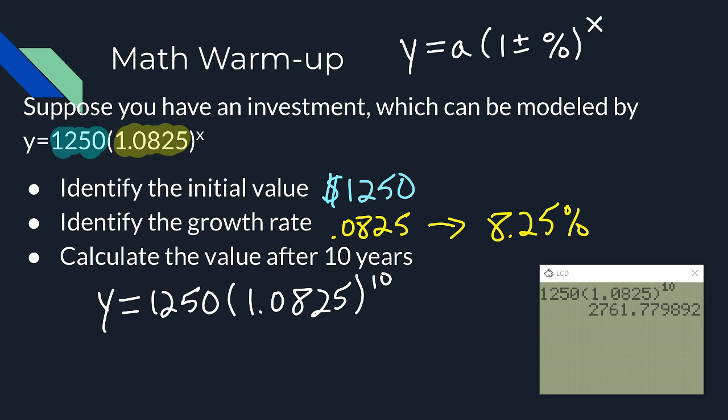And so it's $2,761.78. So this is approximately, or it's actually equal to, because when we're talking about dollars, we can't have thousandths, we just have pennies. So $2,761.78. Are there any questions on this warm up?